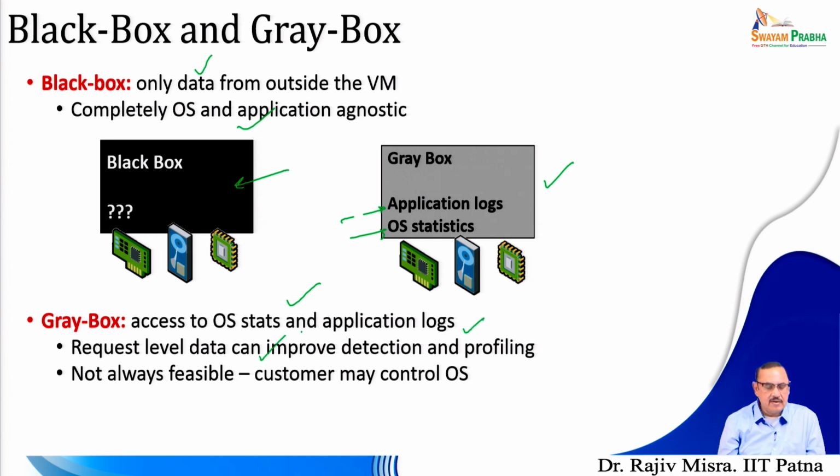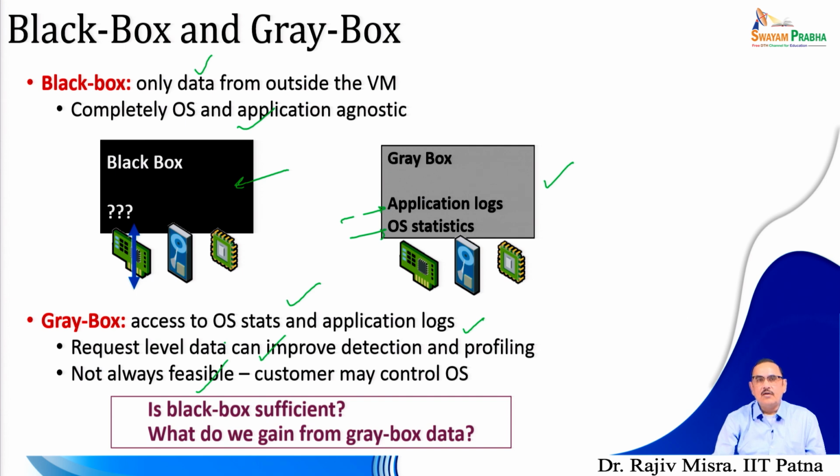Request level data can improve detection and profiling, but it is not always feasible, because the customer may have control of the operating system and sometimes may not allow inspection inside the virtual machine about some of the applications. So, if there are 2 methods available, how are we going to see all that? Now, the question is, is black box sufficient? What do we gain out of the gray box data?